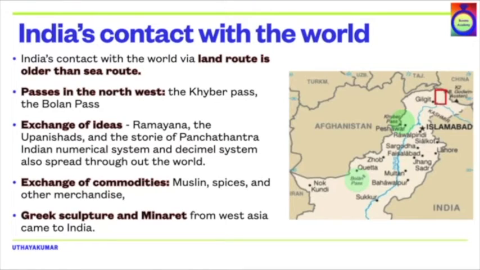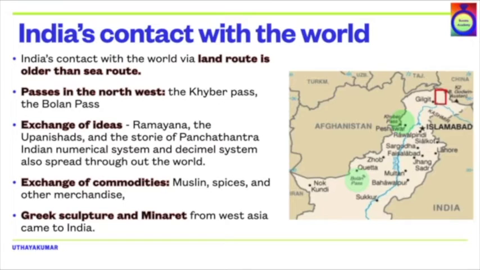Moreover, India's numerical system and the decimal system also spread out to other countries from India. Similarly, some commodities of muslin, spices, and other merchandises were exchanged with other countries. Similarly, other cultures also percolated in India.